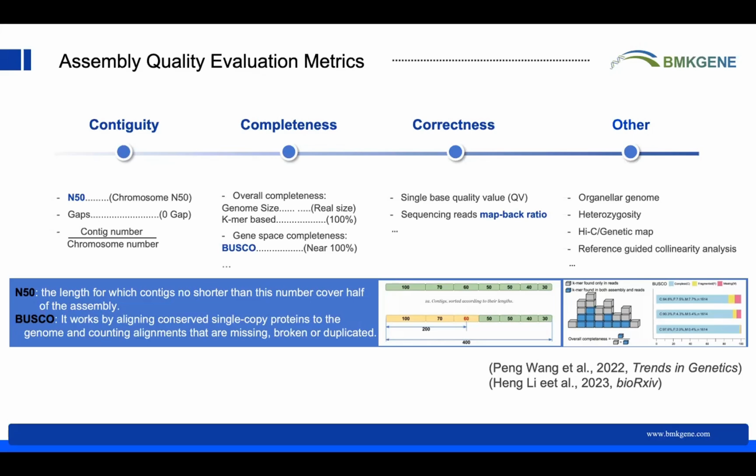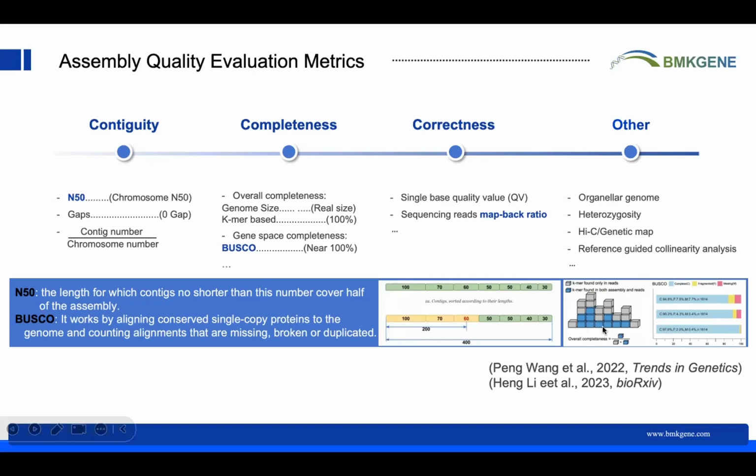The completeness we can evaluate in two ways. One is the overall completeness. The first is the genome size, to see whether the assembled genome is close to the real genome size. Another one is the k-mer-based method.